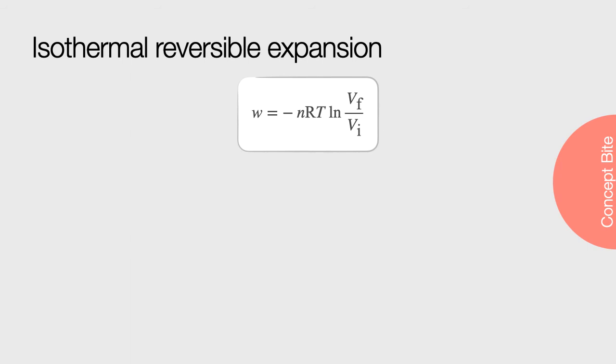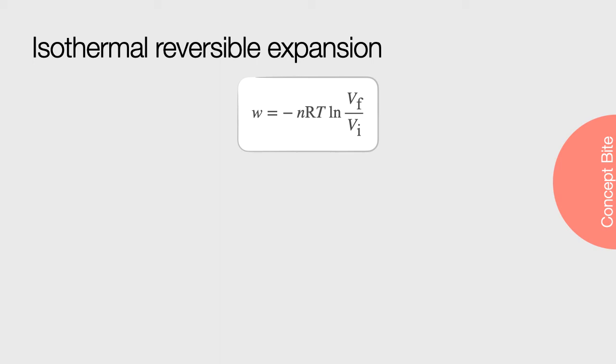The work done by an expanding system in a reversible expansion is given by this equation, which is derived in an earlier video. The work done is negative as the energy is transferred from the system to the surroundings, lowering the internal energy of the system.